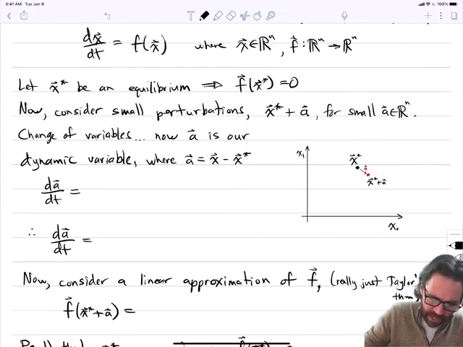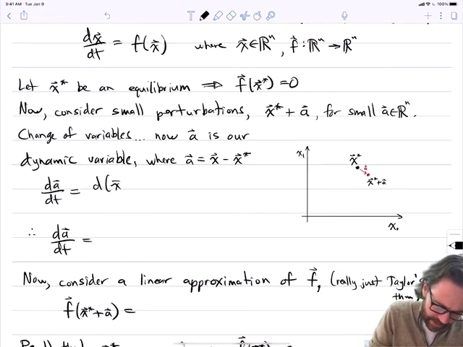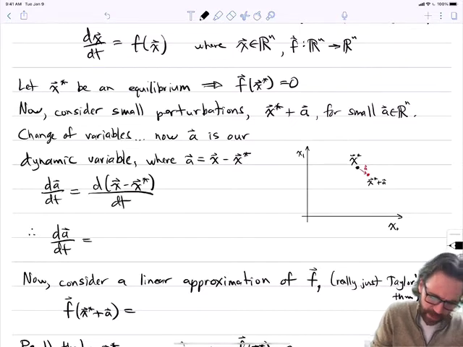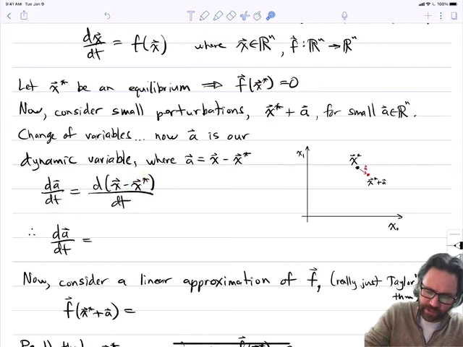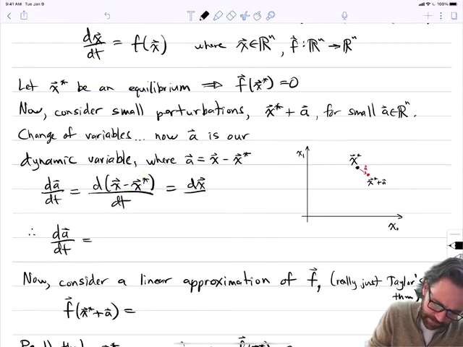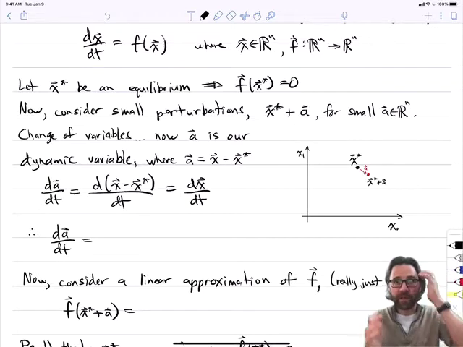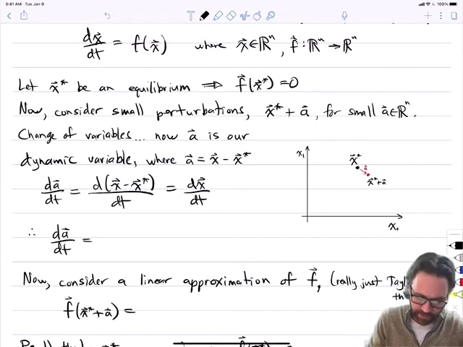So dA by dt, I could rewrite that as d of x minus x star, the equilibrium, by dt. But of course, this x star is just a constant. So this is really just the same as dx by dt. So now I have what I need to rewrite my differential equation.